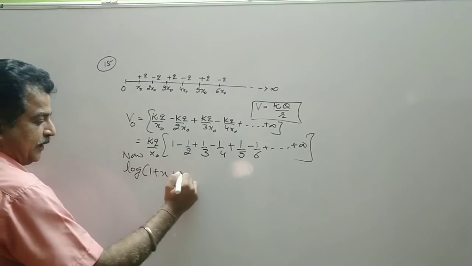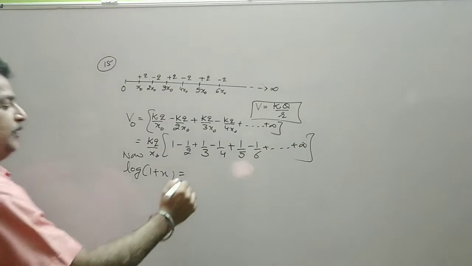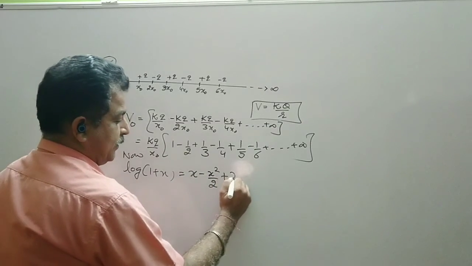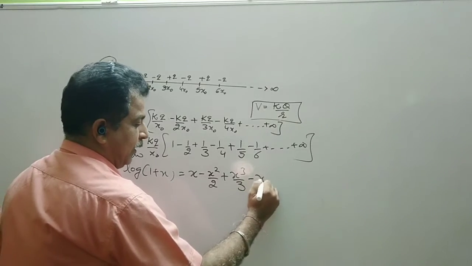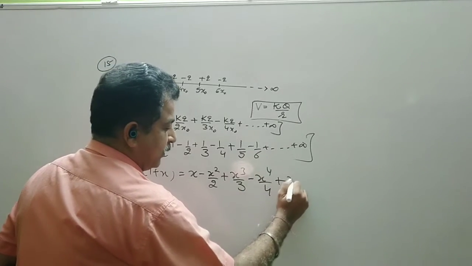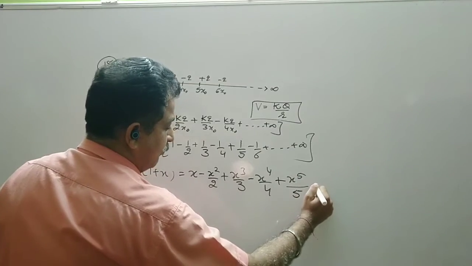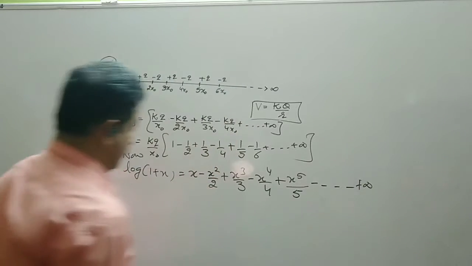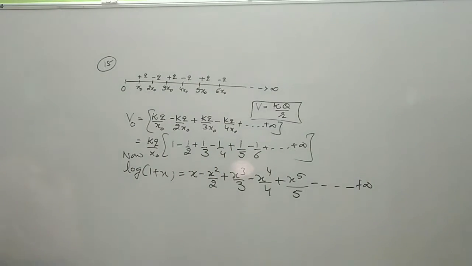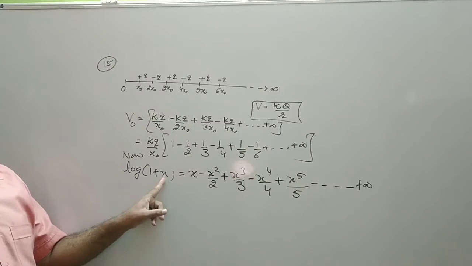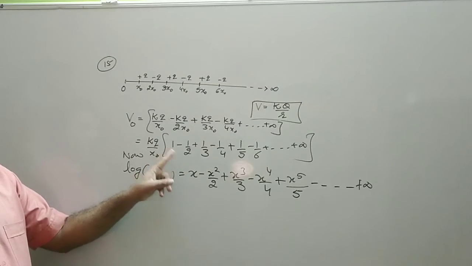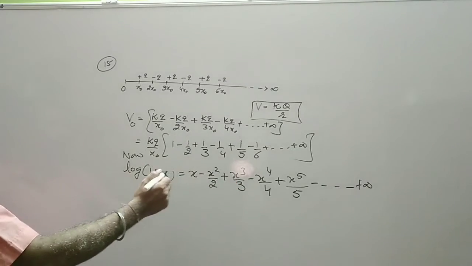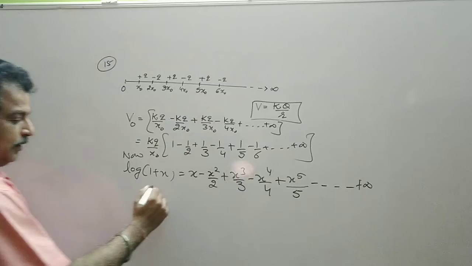Log(1 plus x) is equal to x minus x square by 2 plus x cube by 3 minus x to the power 4 by 4 plus x to the power 5 by 5, and it goes on up to infinity. So what should be the value of x to get this series?